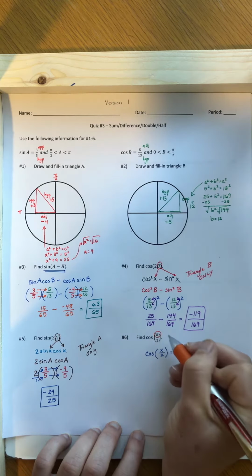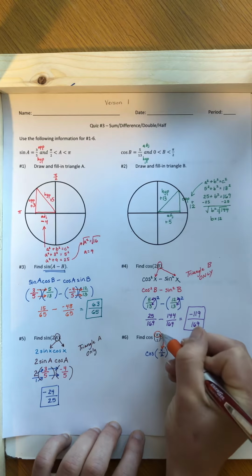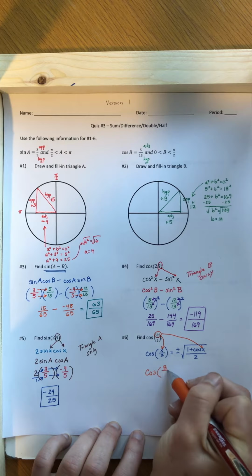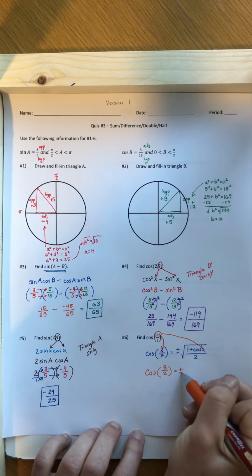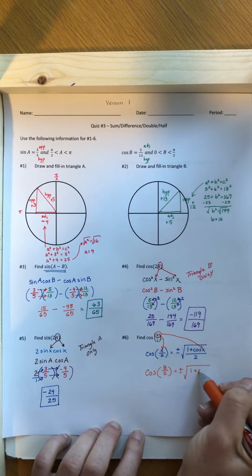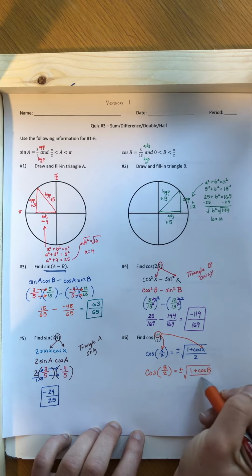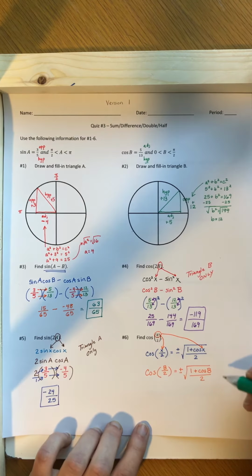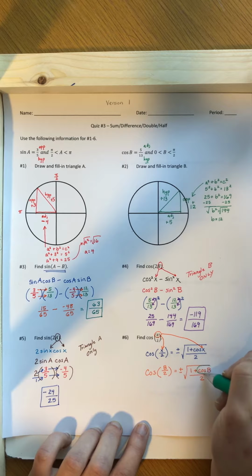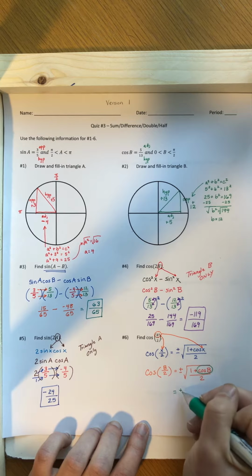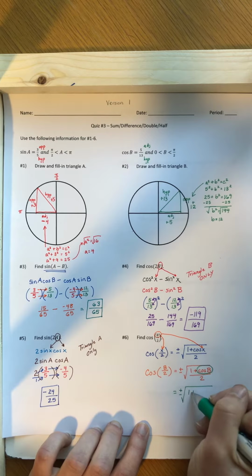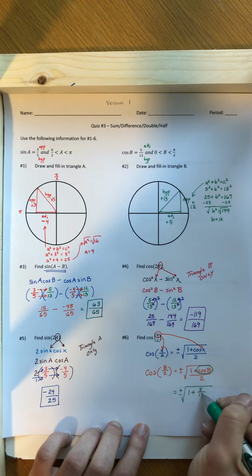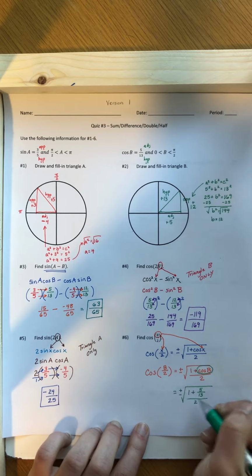Because I'm using b, I'm going to go ahead and replace the x's with b's. So this one is only using triangle B. So what is the cosine of B? Cosine is adjacent over hypotenuse, so it's 5 over 13. Then we have divided by 2.